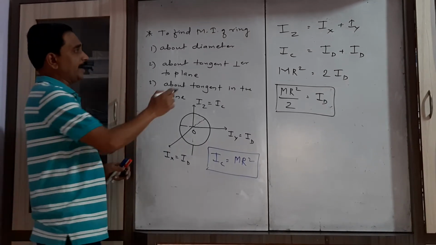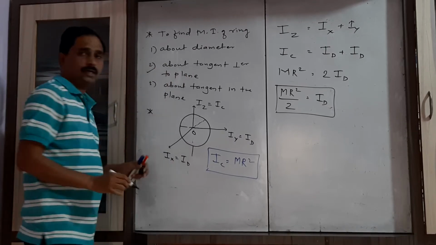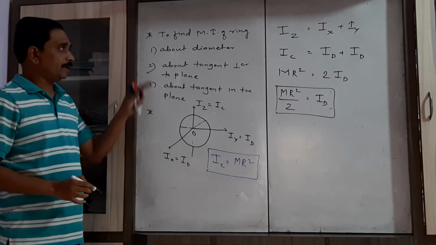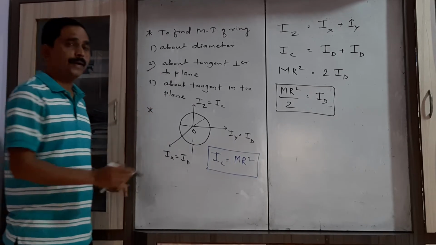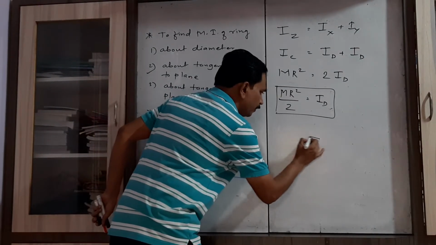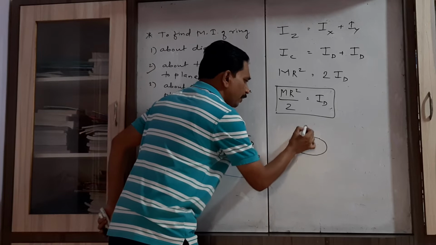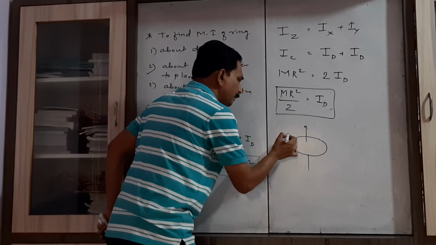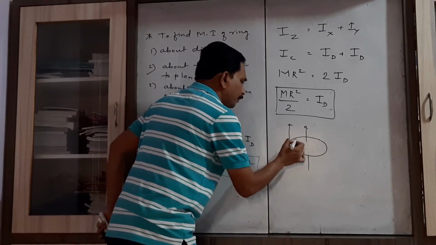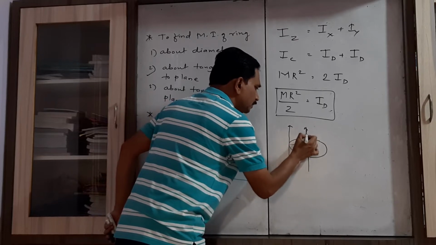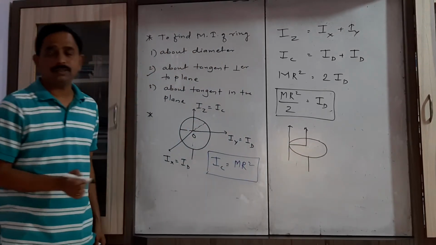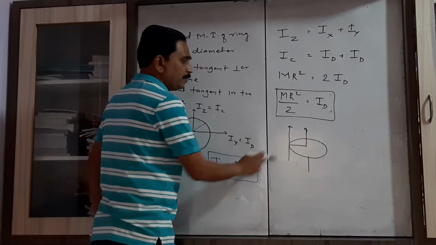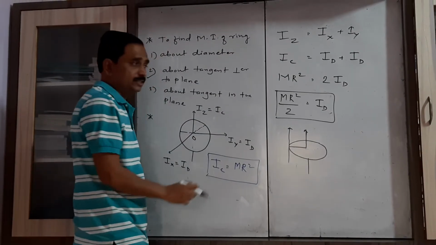Now if you want to find the moment of inertia of the same ring but about a tangent perpendicular to the plane, for that you have to consider the same ring and one axis which is along its rim, which is considered as a tangential axis.